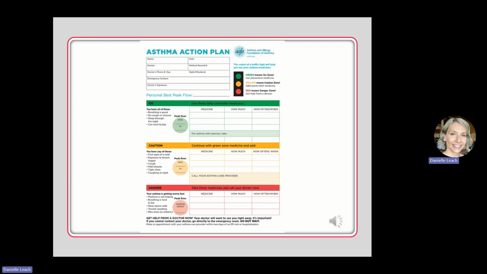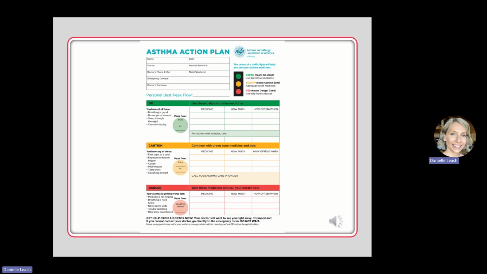If they're in the yellow zone, then that's the caution zone. So they're still going to use their preventative medication that's listed in the green zone, but then they might add something else, like an albuterol if they're having other symptoms as well. So maybe they're wheezing and they feel like they have a tight chest and they blow in their peak flow meter and are in the yellow zone, then maybe it'll say use your albuterol inhaler, however it's prescribed.